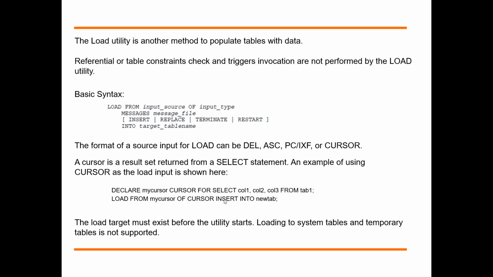Just use the select clause and insert into the new table. Another important point with load is that the target table must exist before the load utility starts. There is no option called create into.